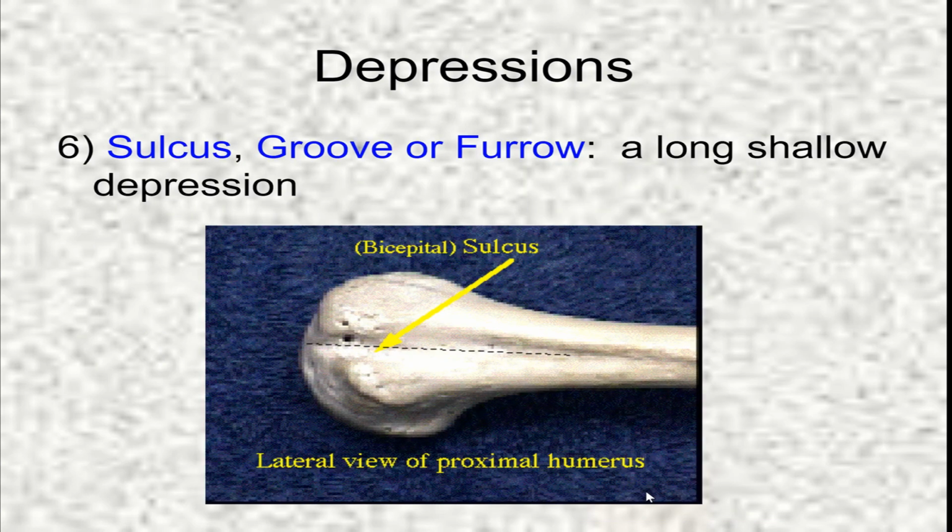And then we have sulcus, groove, or furrow. These are long, channel style depressions. And these are separated by size. I'm not going to make you know which one is bigger or smaller. I'm not worried about that necessarily, but I just want you to know that they're all very similar in shape. And then you can see that sulcus right there.